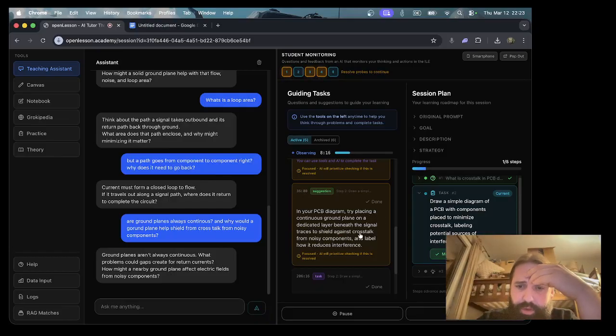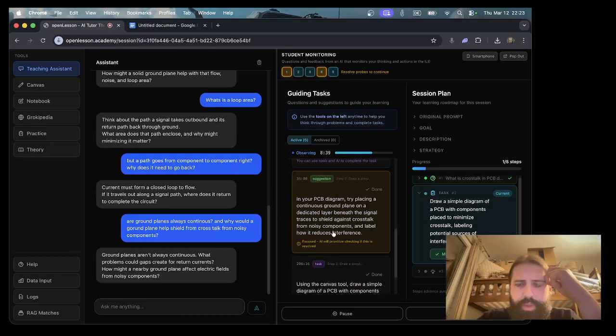Does a signal trace shield against crosstalk? Would it shield it because it has some negative effect, because the return generates the opposite magnetic field, something like this? Could it be?